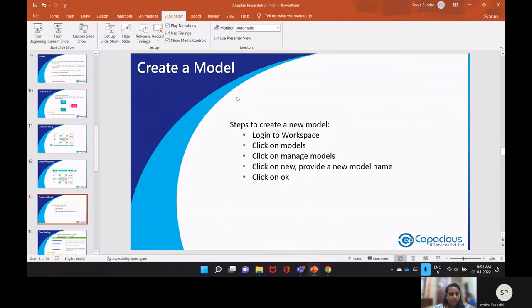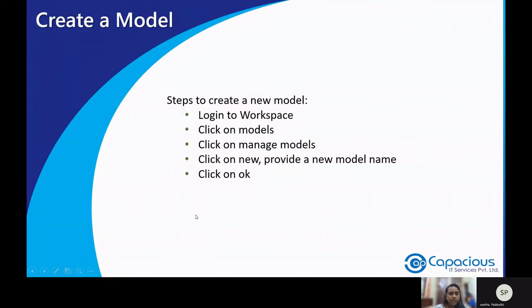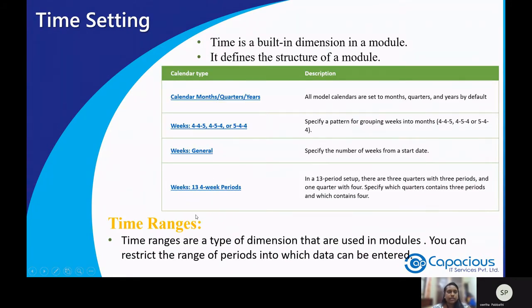Now I'm going to the next slide. Next is time settings. It is a built-in dimension in a model, and it has a structure of a model. Here we come across a few calendar types that we are going to use in the workspace.